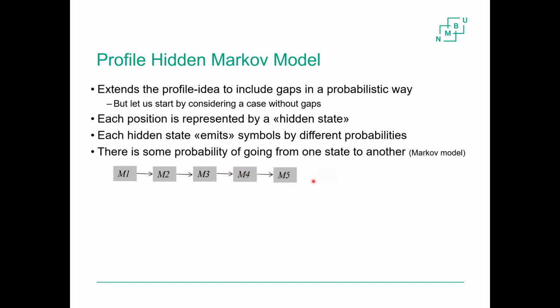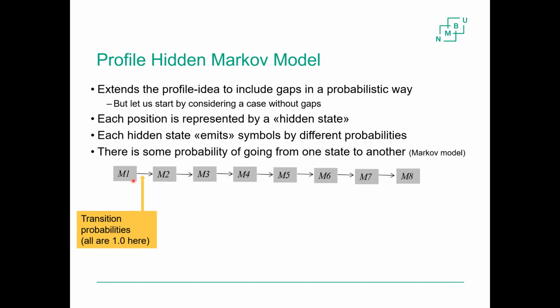And so on, and so on, and so on. And now we have, I think perhaps even one more, 8 of these hidden states, because we had 8 positions in our multiple alignment, and then we would typically start out like this. 8 different hidden states, and from each of these hidden states, symbols are emitted. And here the transition probability is 1.0, simply because there are no other options, right?